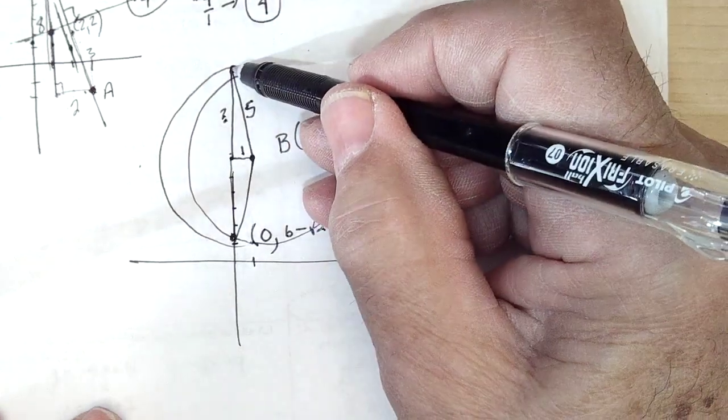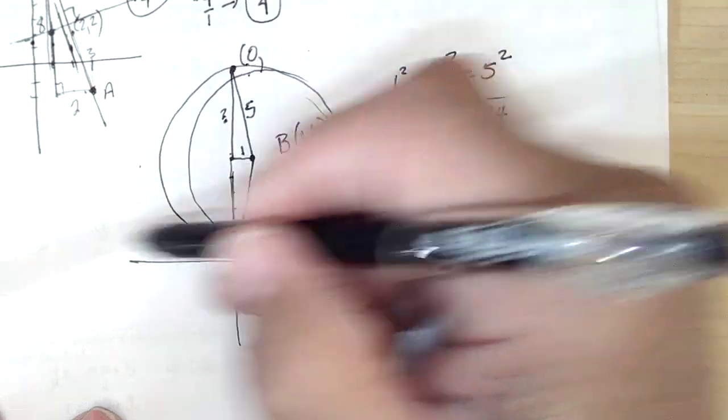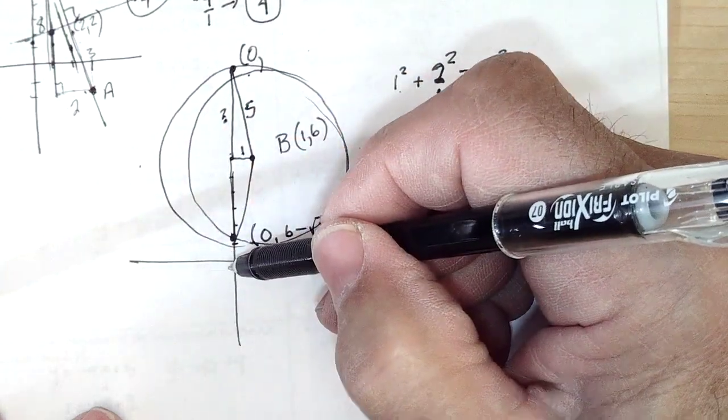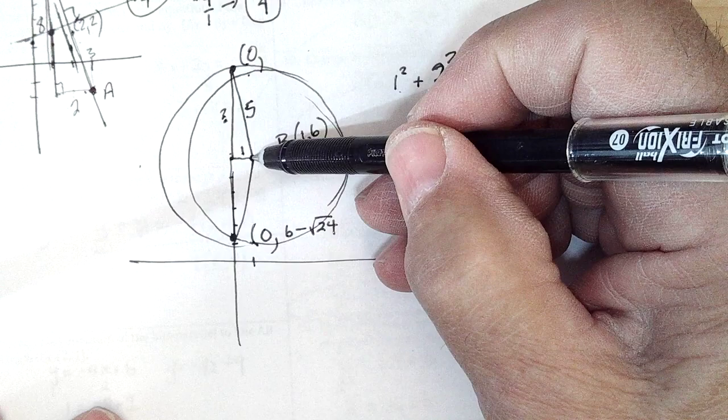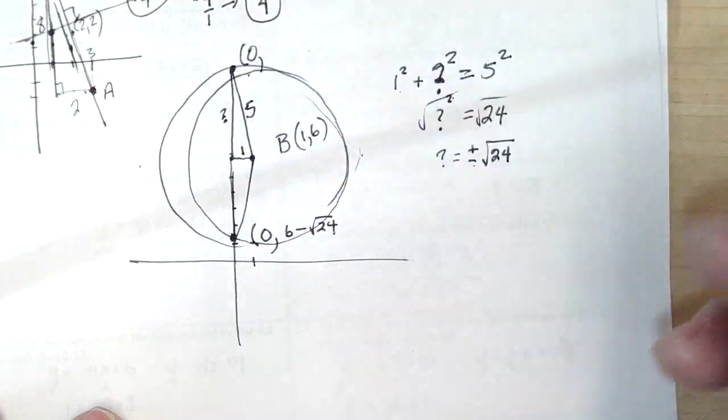And this coordinate would be 0 in the x, because I'm on the y-axis, sideways 0, and I would be up 6 plus the square root of 24.